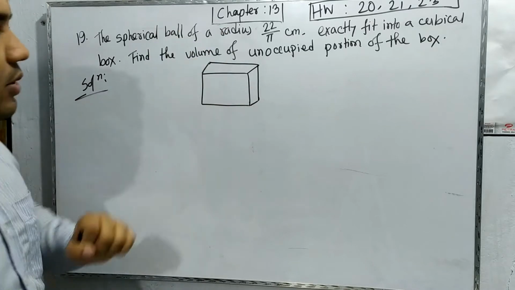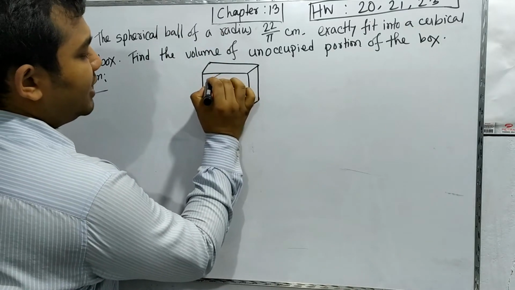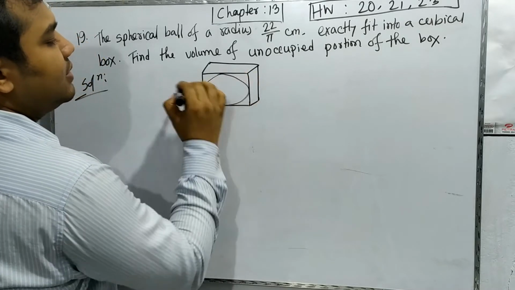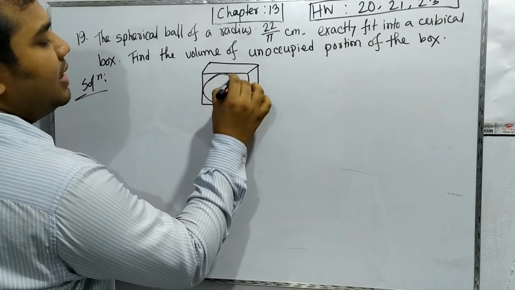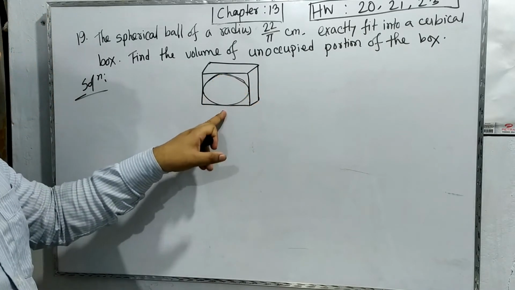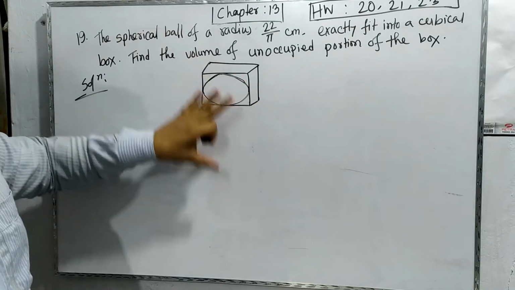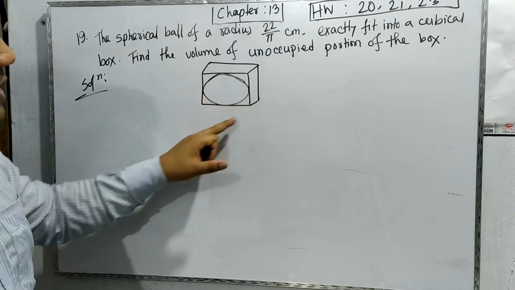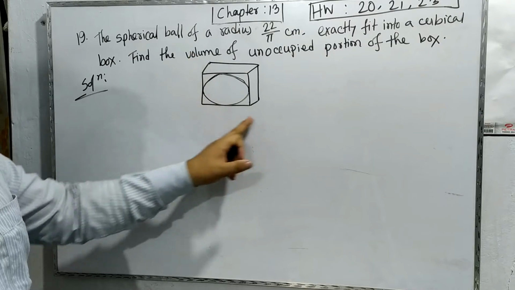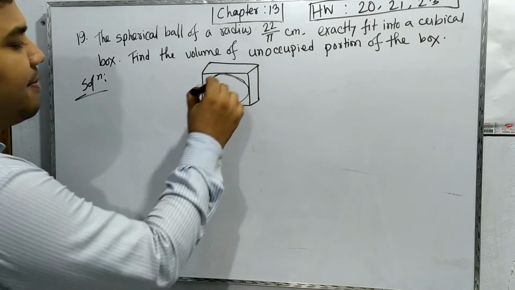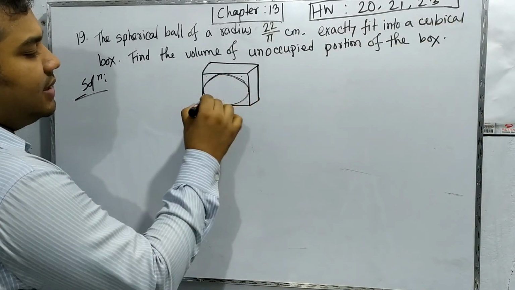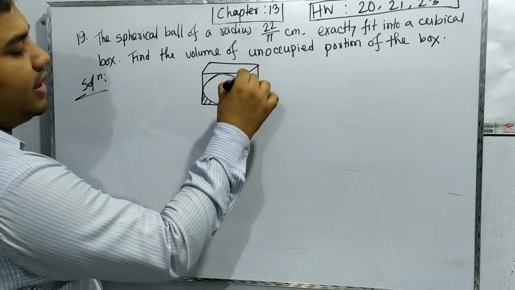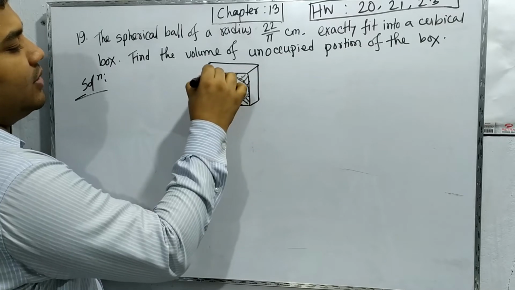In this box there is a spherical ball, and it fits clearly, all sides touching. Since the ball has a curved surface and the box has plane surfaces, there is some empty place. I wanted to make clear which part we have to find.